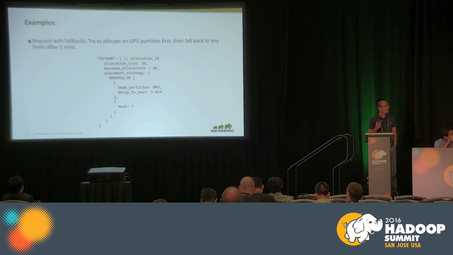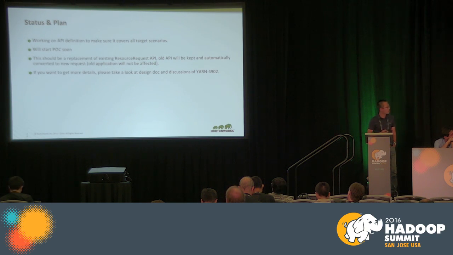It means we can accept either of the two, but they have an order. The most preferred placement is the node partition, which is GPU. And if we cannot get GPU resources in 5 minutes, we can accept any host.